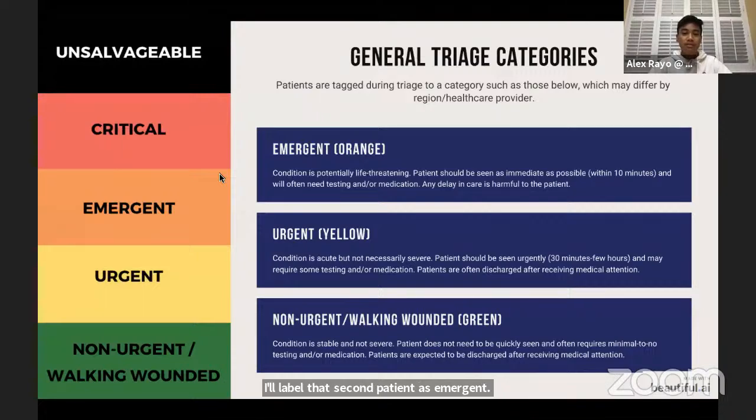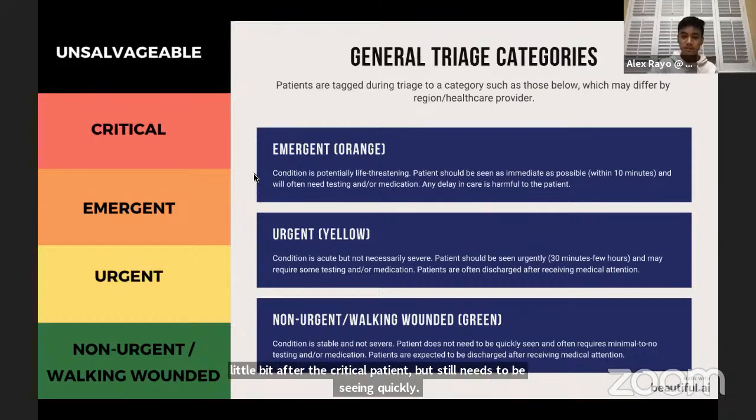But if I only have one patient with a severe condition, I'll put them in critical, since I don't need to treat someone else first. So it depends on who's in the emergency room or who needs to be treated at the same time. But that's the difference: critical needs to be seen now, and emergent can be seen a little after the critical patient, but still needs to be seen quickly.